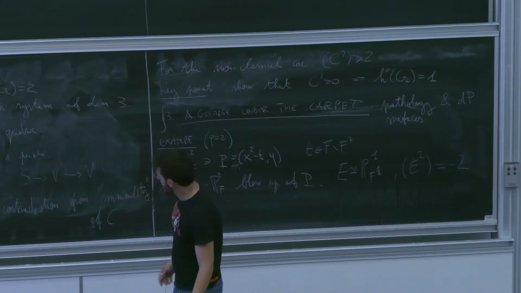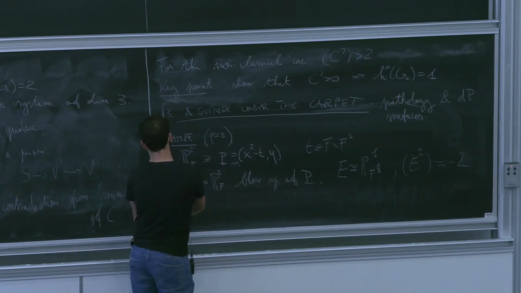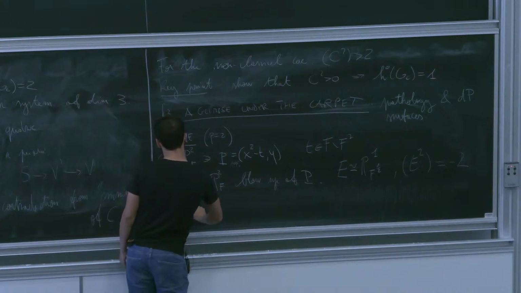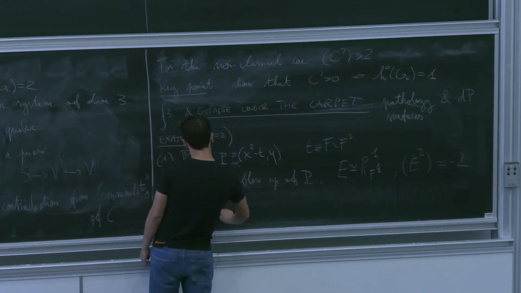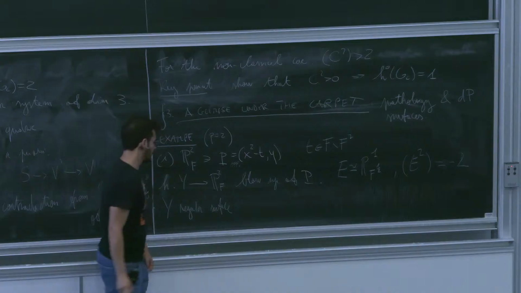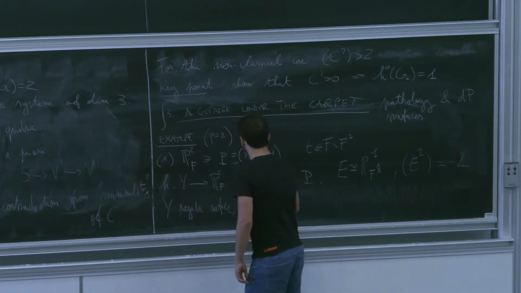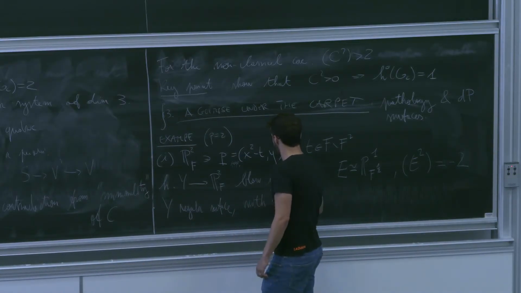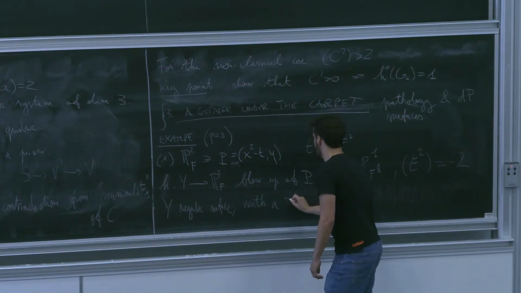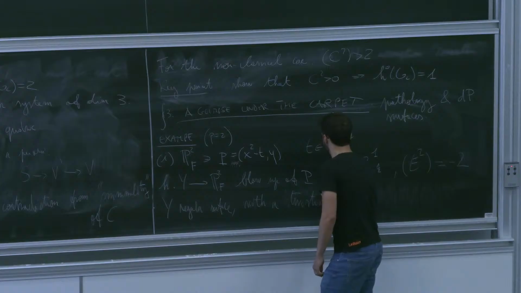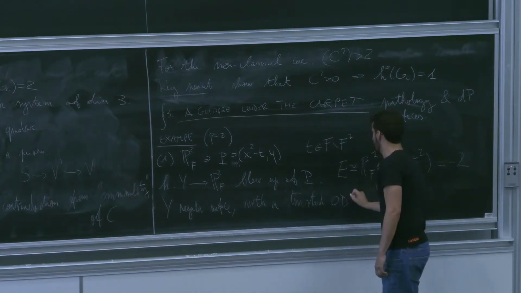Y is regular, but non-smooth, with what's called a twisted ordinary double point.